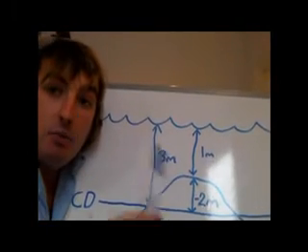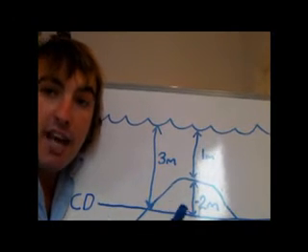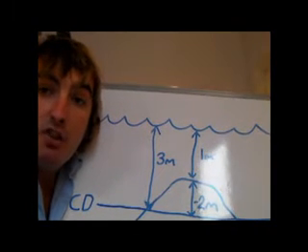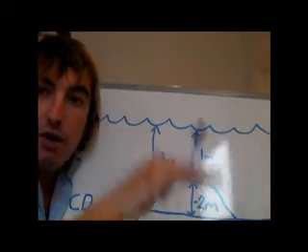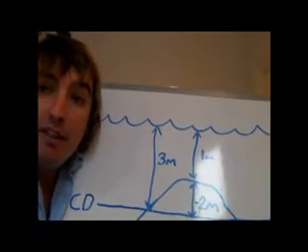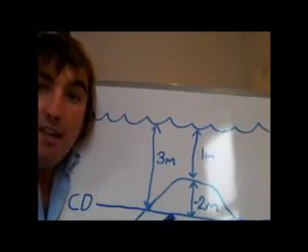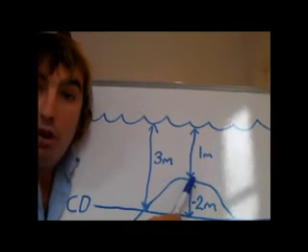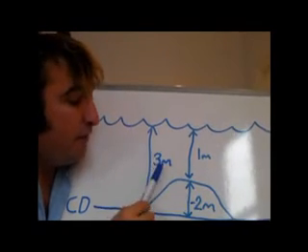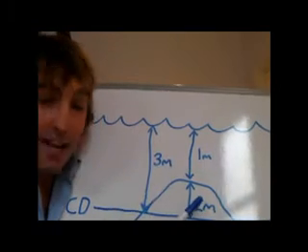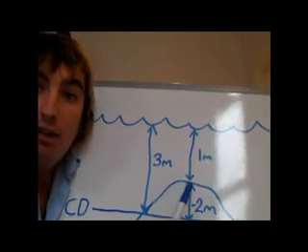Then we've gone to our tidal curve, and for this given time it's given us the answer of 3 meters of water. So from the sea level to chart datum, there's actually 3 meters of tide there, which is here. So to find out how much water's above this spot here, we've got to take away that figure from that figure. So 3 meters take away 2 meters, and that'll leave us with 1 meter of water at that point, at that given time.